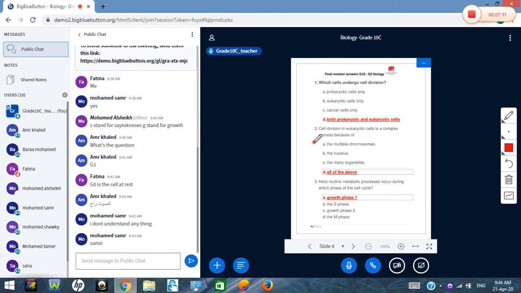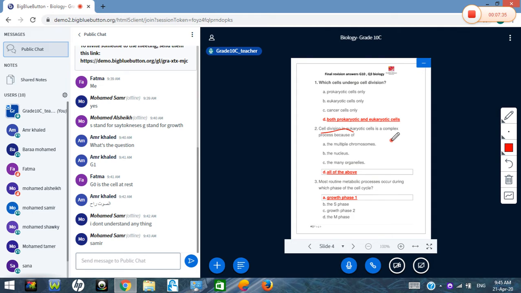Number 2, cell division in eukaryotic cells is a complex process because of the multiple chromosomes, the nucleus, the many organelles.